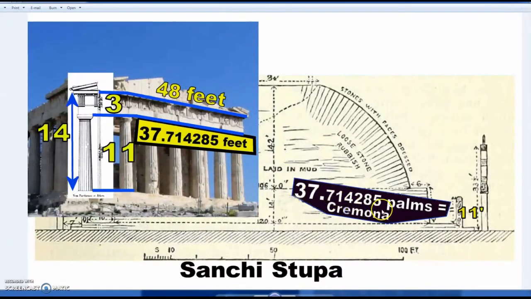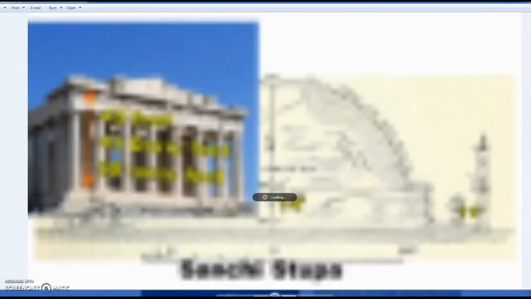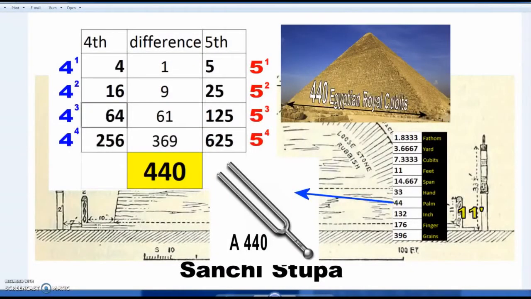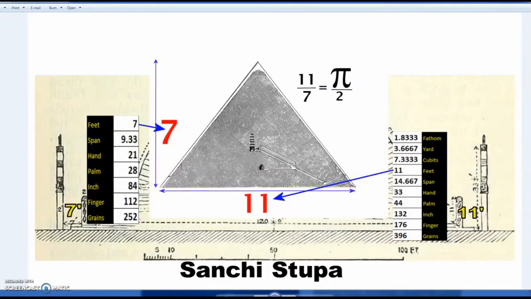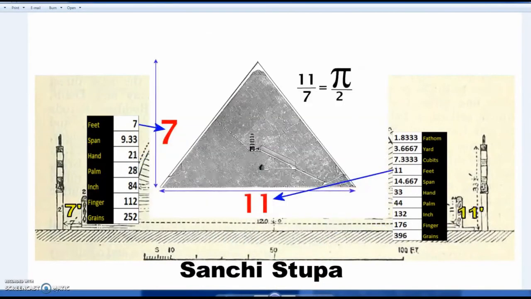37.7142. Exactly the same number, but on the Cremona scale. And if we go back, for instance, to the Great Pyramid and this 11-foot scale, not only does it deliver us the measures so important in the Great Pyramid, we also get the 711, but it also converts, so the Cremona scale reinforces the proportions once more.